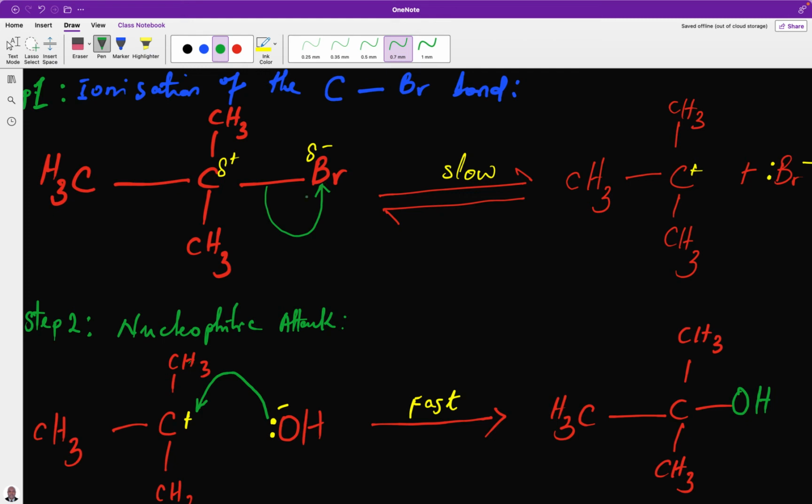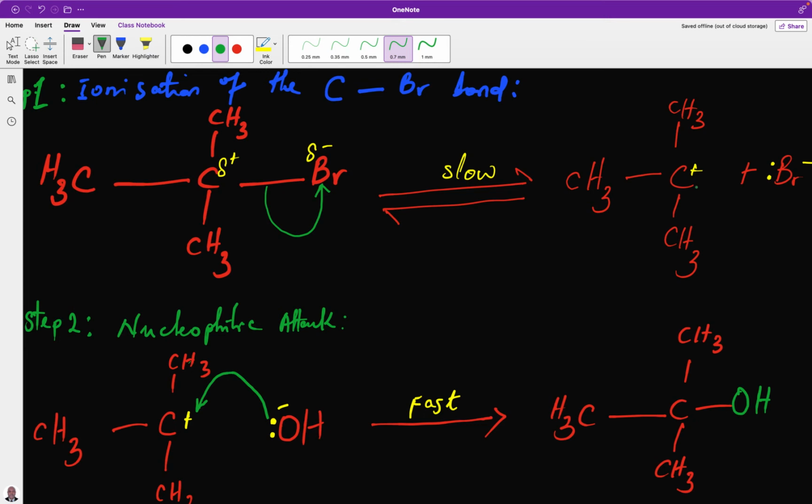In doing that, there is heterolytic fission. Bromine now goes with the lone pair of electrons. The bonding electrons that were here have been carried by the bromide. And now the carbon, which is positively charged, is left without those 2 electrons. So this carbon is very, very reactive.